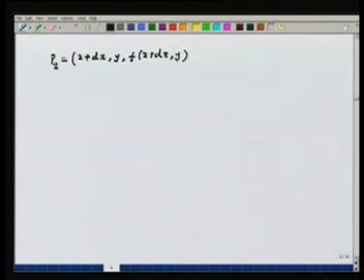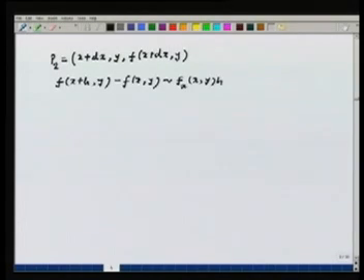Now what I am going to use is the following: if I look at f(x plus h, y) minus f(x, y), this is approximately equal to fx at (x, y) times h.